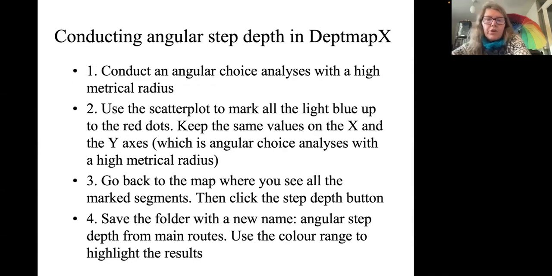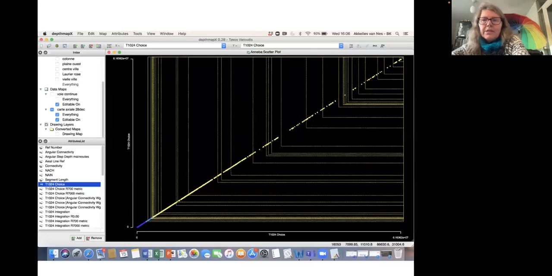So I will show this description. First, you run the choice with the high metrical radius, you open up the scatter plot. And it's very important that you have on the x-axis and the y-axis the same value, so you get a linear. And then you mark all the streets except the dark blue.